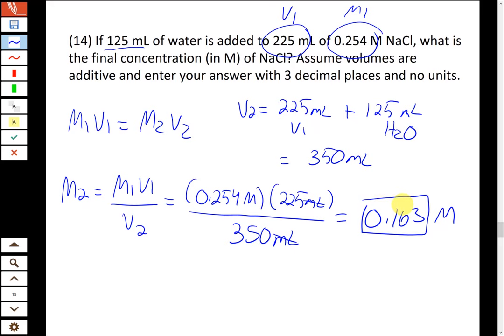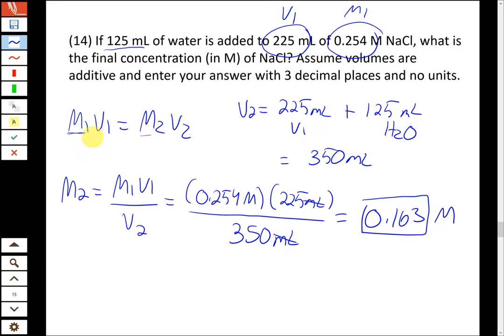Any question here? Yeah. So I looked at a problem like this, a homework problem, and I'm not sure if it was exactly this layout, but it required for me to use the moles of the substance. Yeah, so in problems like this, if you're going to use this equation, it's always in terms of molarity, not moles, but sometimes you might have to calculate the molarity first.